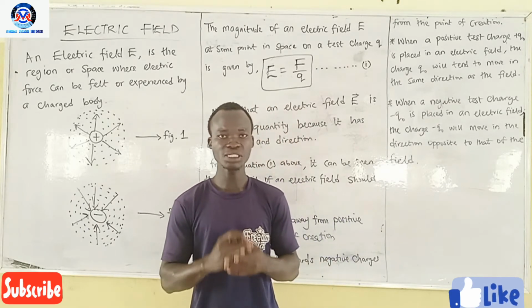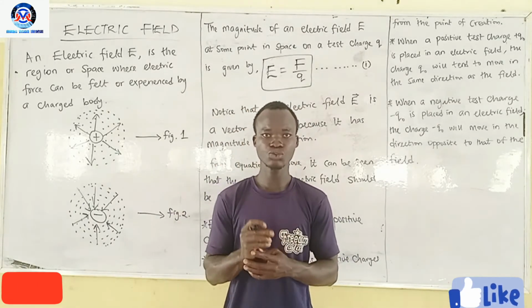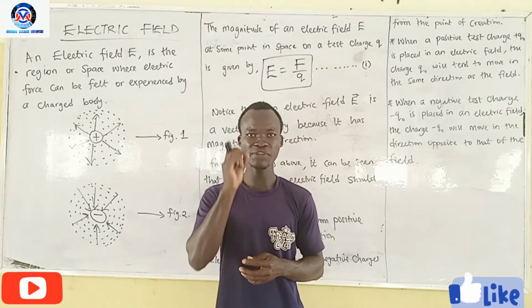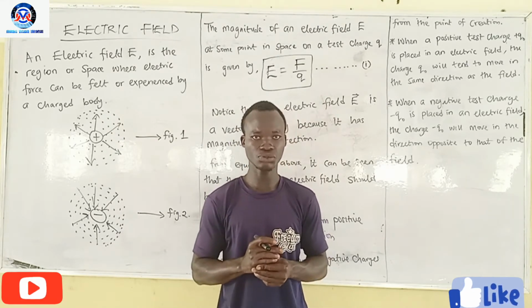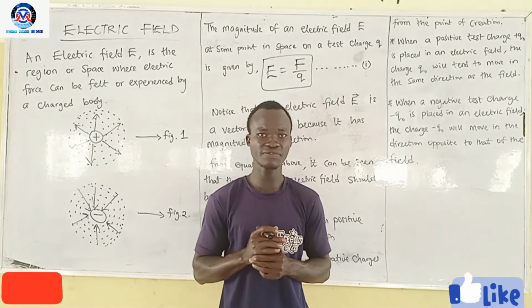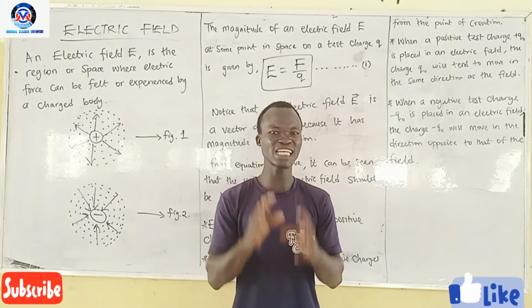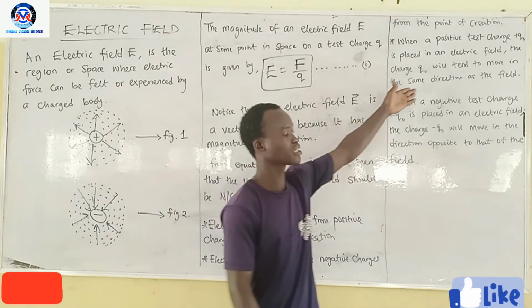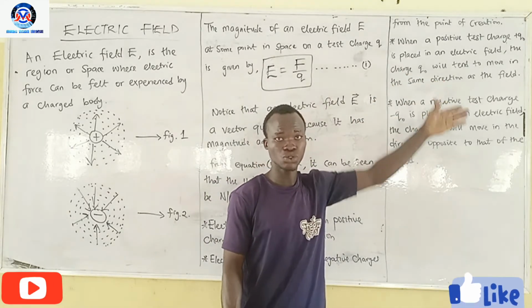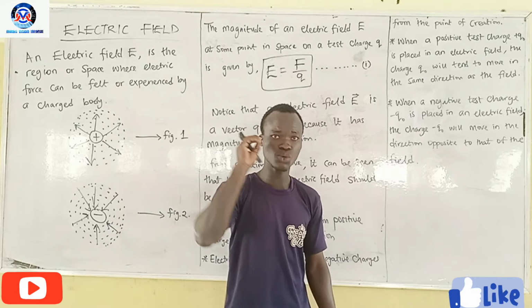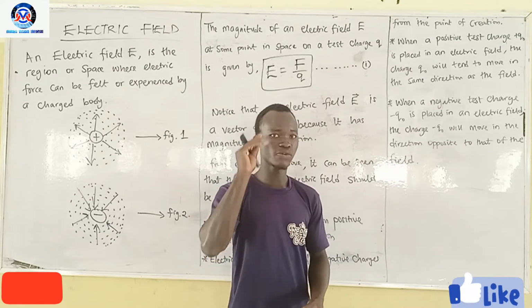So now, what happens to a positive test charge if it is thrown into an electric field? In what direction will the positive charge move? The positive charge will tend to move in the same direction as the field. When you throw a positive charge into an electric field, remember that it will feel a force.